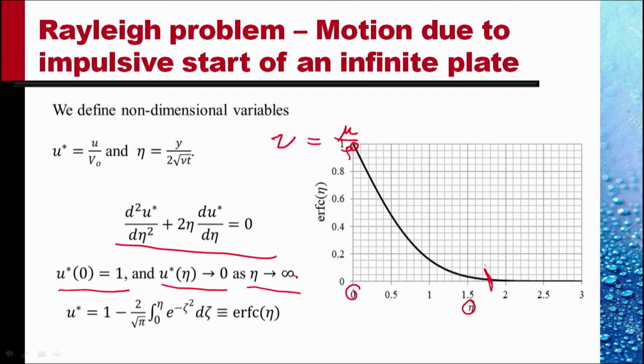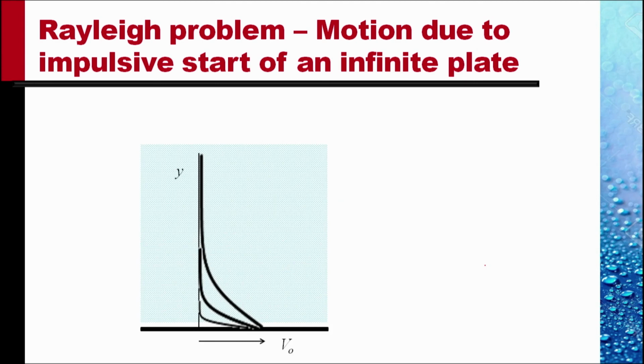We plot this as the velocity profile on the plate in the regular coordinates. This would be the velocity profile for increasing times. For very small time, the velocity profile is like this. The velocity reaches 0 in a very small distance.